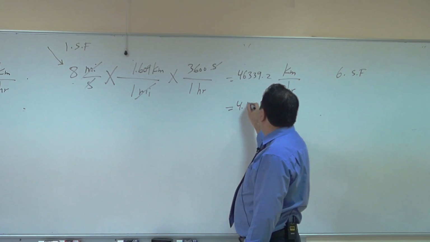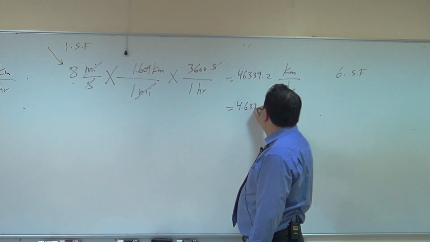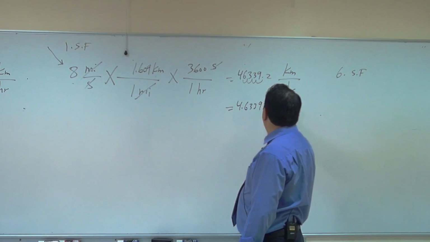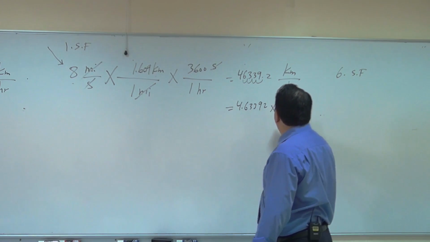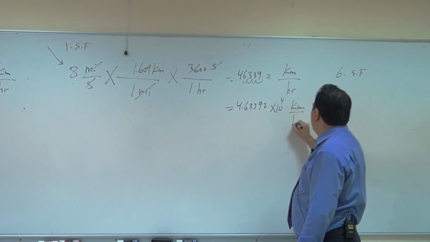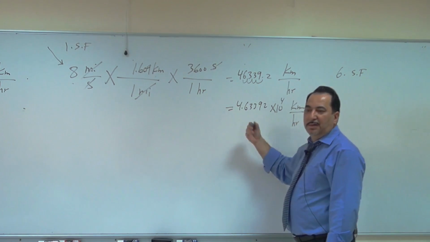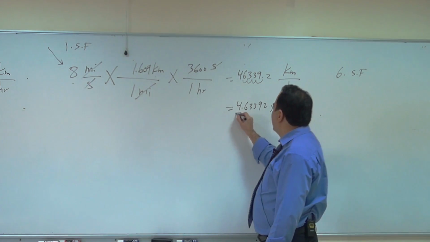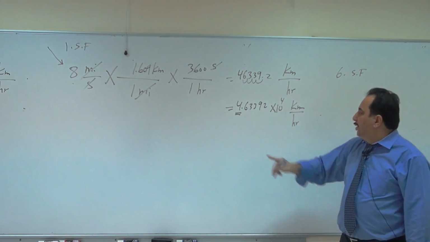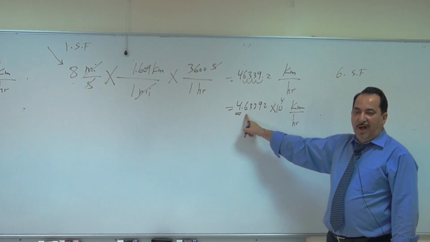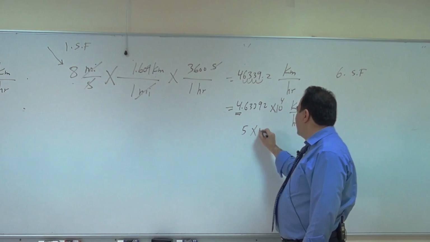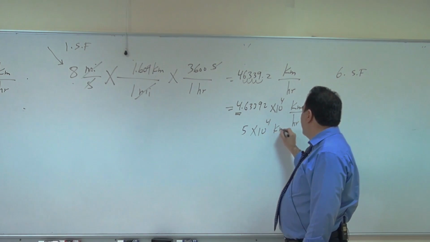So this is 4.63392. Now I can truncate it to the value I want. I need 1 significant figure. This one is the only one, yeah? The one after is more than 5, yeah? So round up. It becomes 5 times 10 to the power 4.